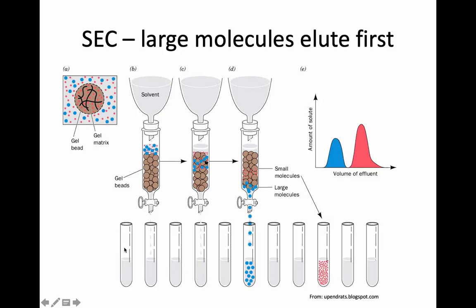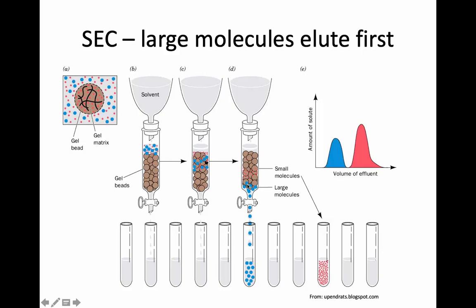At the beginning we're going to see just the mobile phase being eluted, and then at a certain point the large molecules are going to appear, followed by the molecules that are more and more retained by your column.